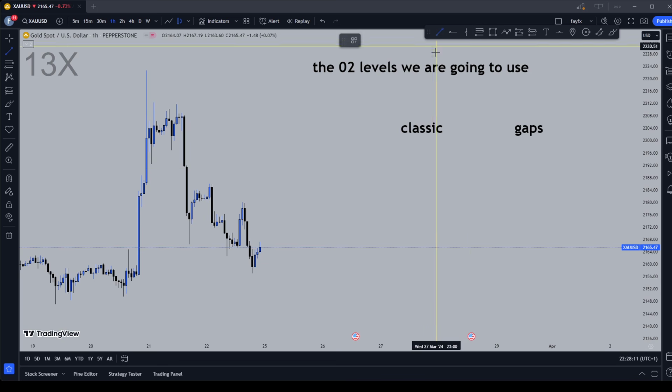For the classic levels, we have two kinds. For a gap, we have only one. For classic levels, we have either an A level or a V level.